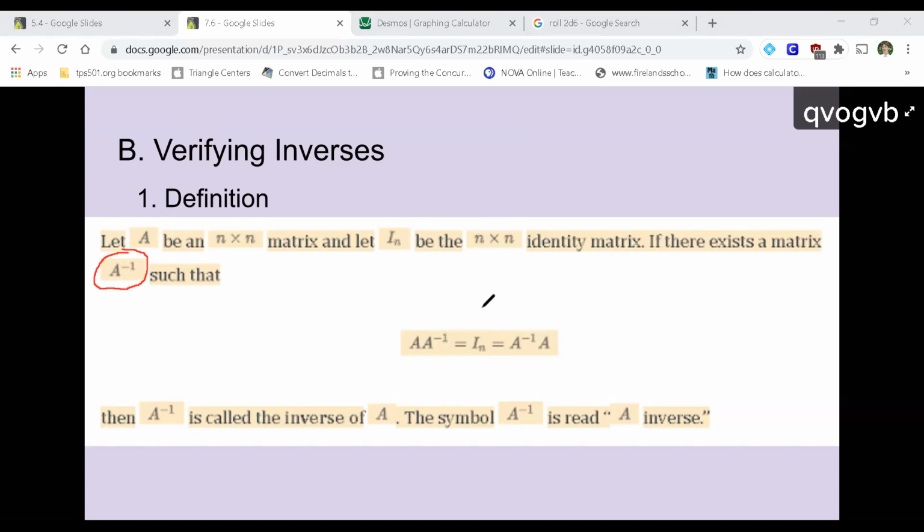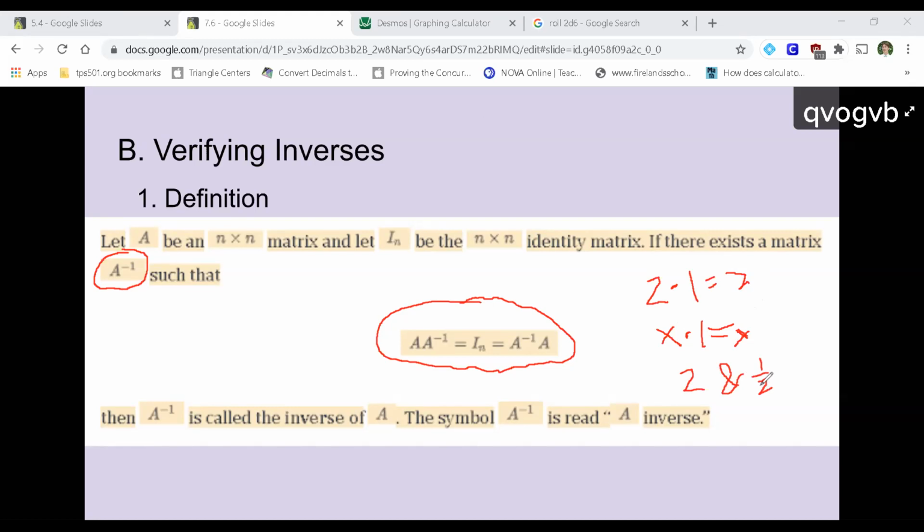Hopefully this definition makes sense to you. If we think about it in terms of regular multiplication, the identity is 1, because anything times 1 is itself; 2 times 1 is 2. For regular multiplication, 2 and a half are inverses of each other because 2 times a half is 1.